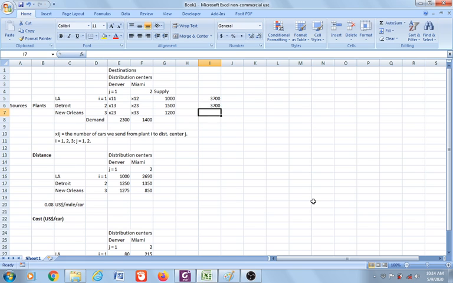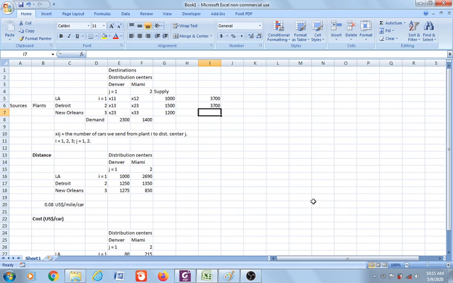So for the transportation algorithm, we can only run the algorithm when the total demand equals the total supply. When the total demand does not equal the total supply, then we need to make them equal by adding dummy supply or dummy demand. We will learn that in the next video.